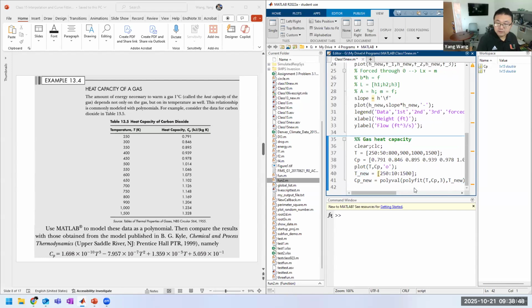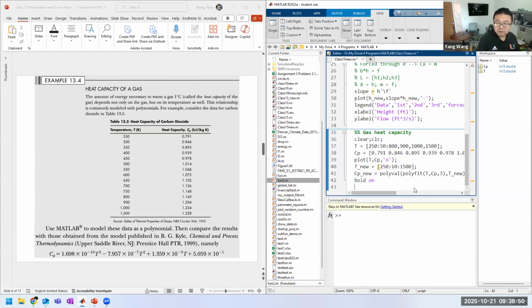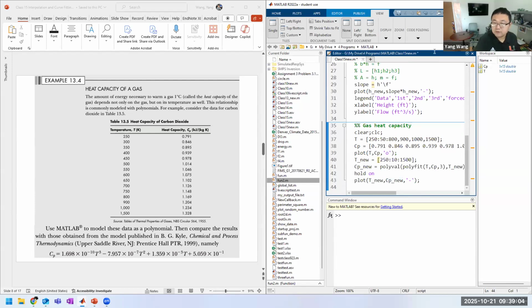Okay, so then hold on, T new, and then CP new. And then let's do the same thing. The legend, we create legend. So beta, third order.